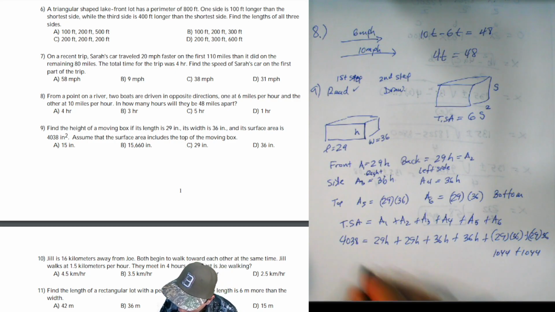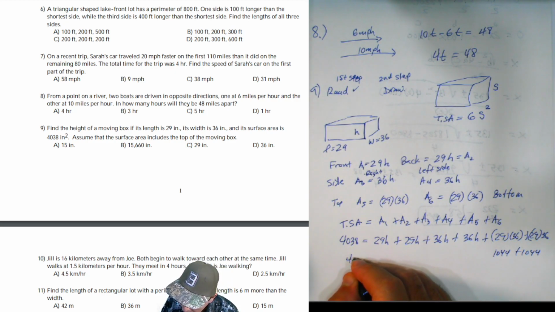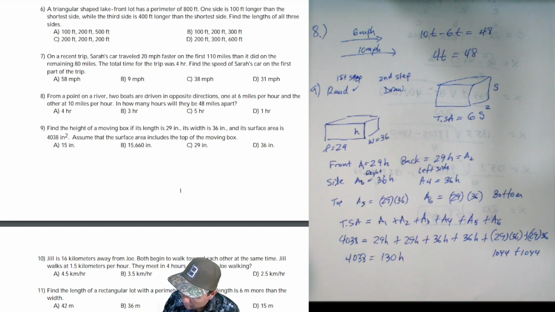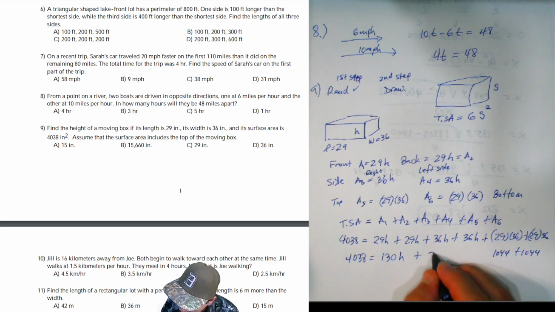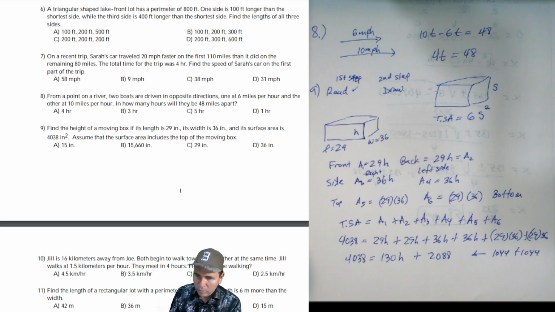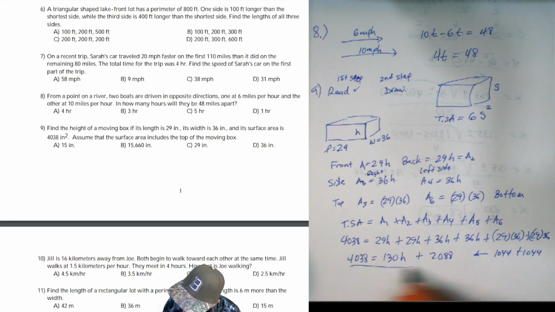That's a total of 130. So we had 130h plus 1044 plus 1044. So we do 1044 plus 1044. That's a total of 2088. Okay. So this is what we have so far. That's all we got.